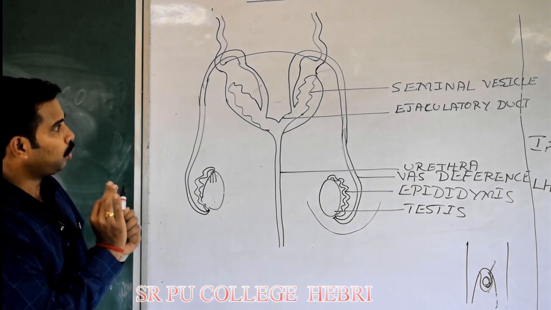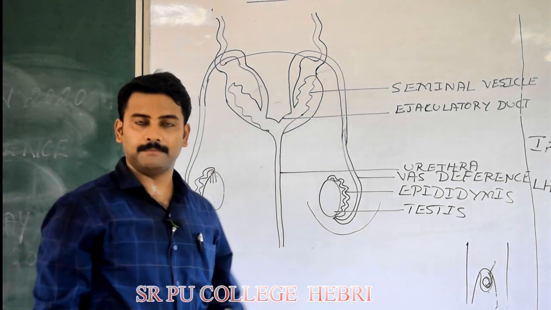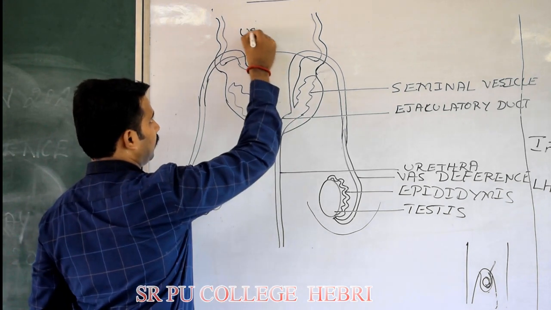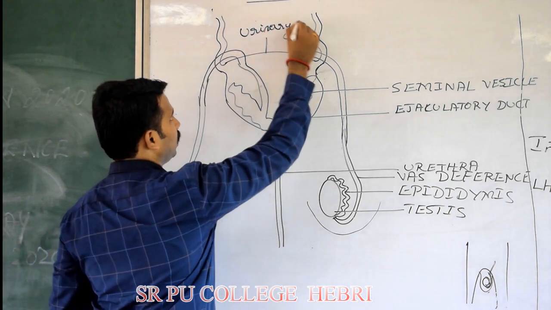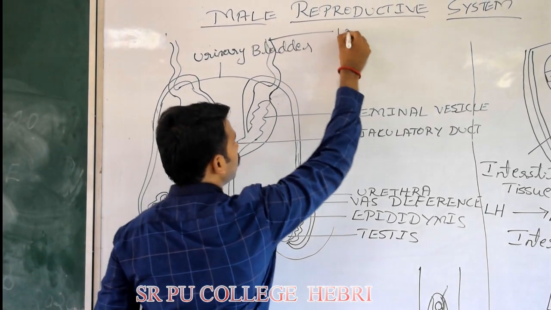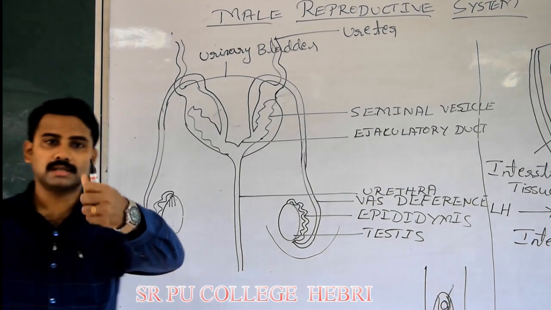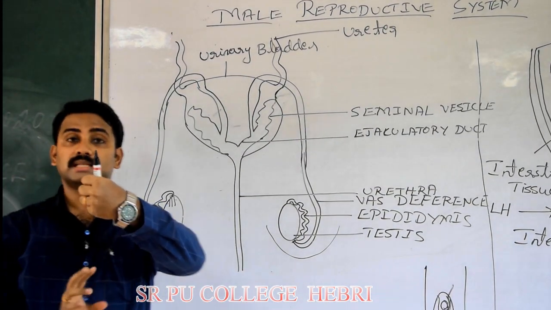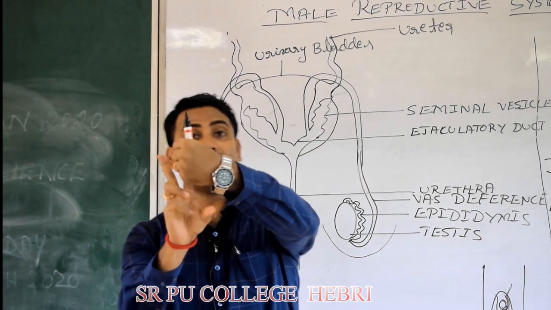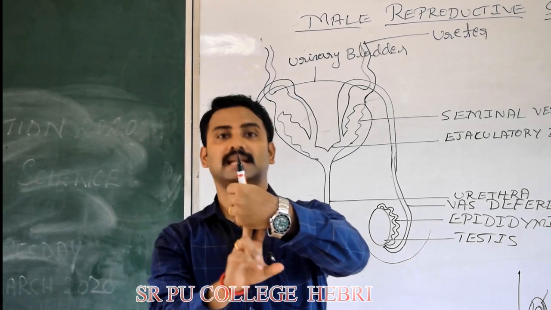Now here you have to understand one thing. The gland called seminal vesicle, if you assume this as a urinary bladder, right? What is this? Urinary bladder. And what is this? Ureter. Now if you assume this as a bladder, the seminal vesicle is not present in the front of it. It is present behind. Let me turn the bladder now. That means on the dorsal surface.